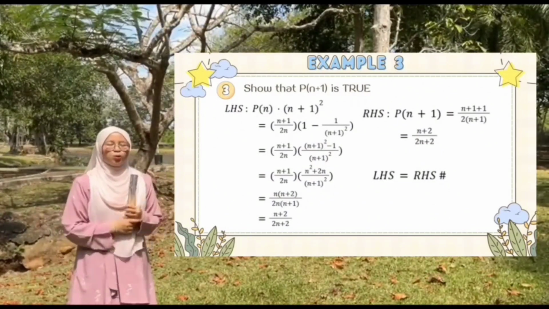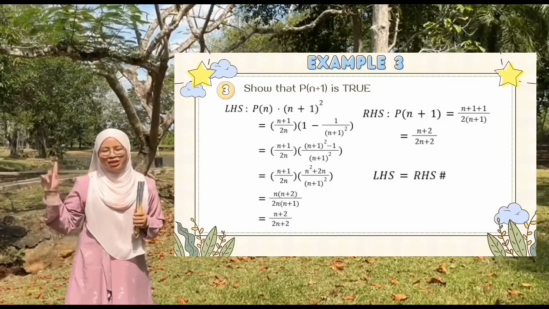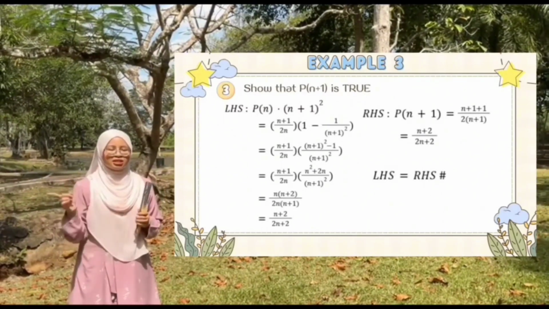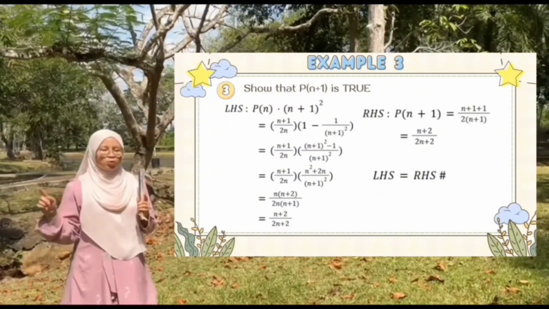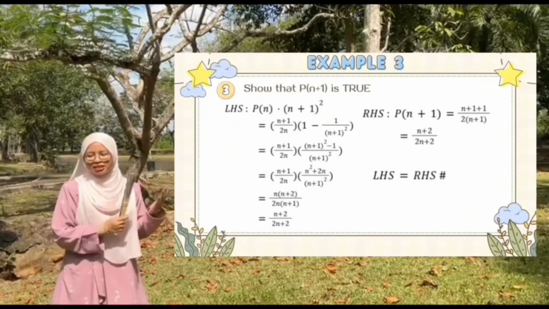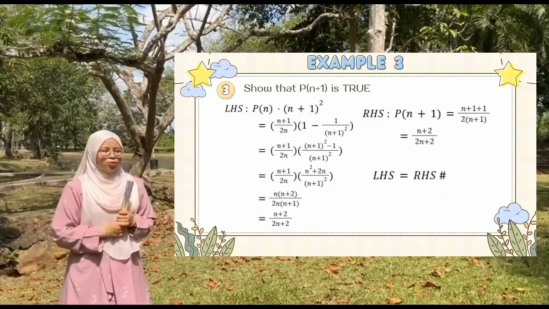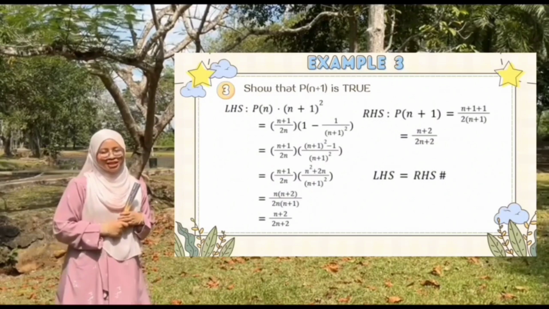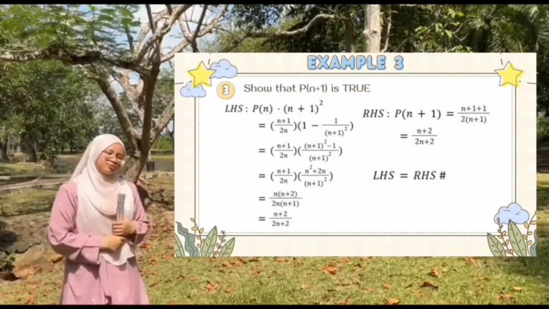For the left-hand side, for the previous question, we used Pn plus n plus 1. But for this question, because it is using multiplication, we need to use Pn times n plus 1 squared, where the answer is also n plus 2 over 2n plus 2. So, now, the left-hand side is equal to the right-hand side. Then, Pn plus 1 is also proven to be true. That's all.